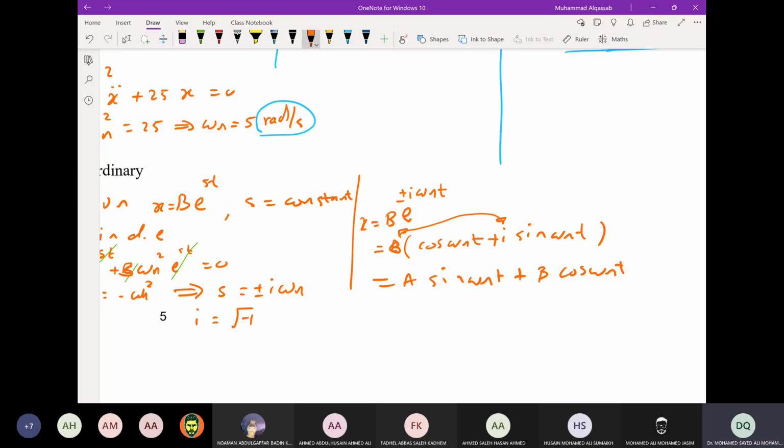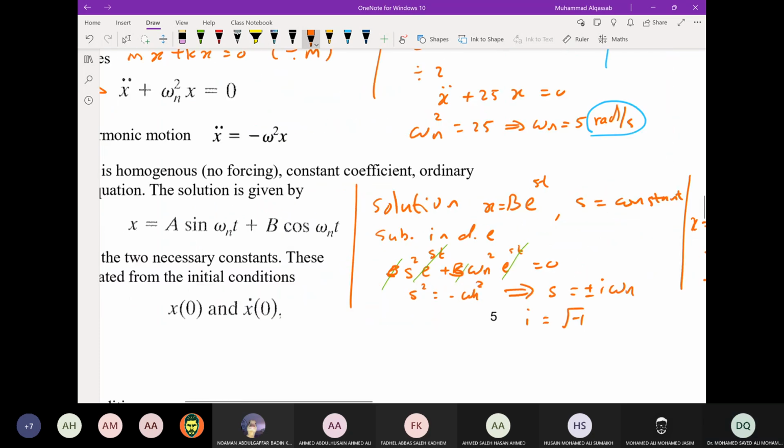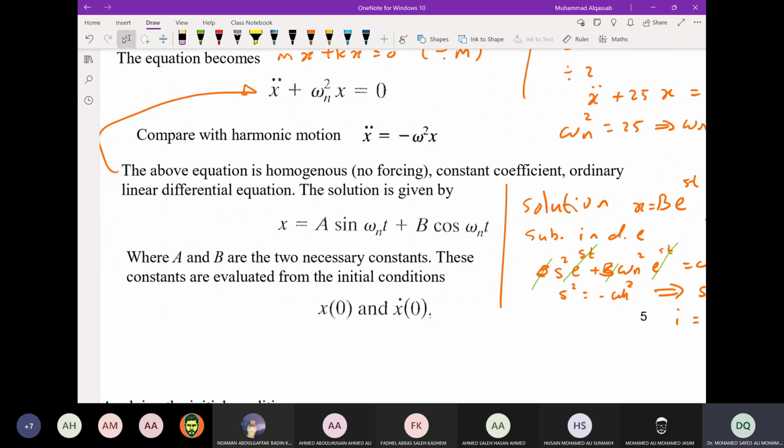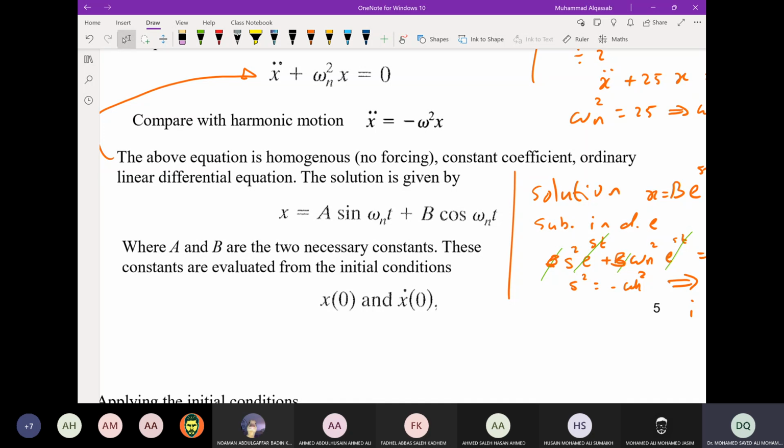So a sine omega n t plus b cosine omega n t is the solution. So the solution is x equal to a sine omega n t plus b cosine omega n t.